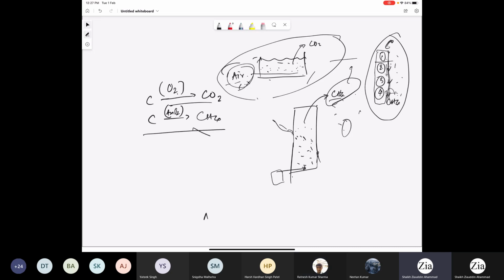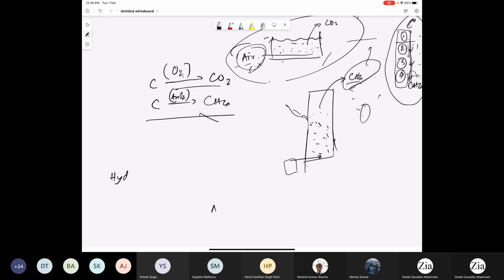It is actually one after another, because they depend on substrate. Hydrolysis will just convert all polymers to monomers.